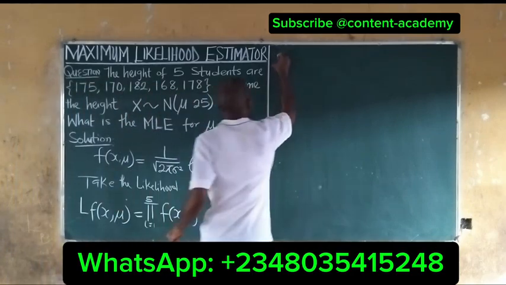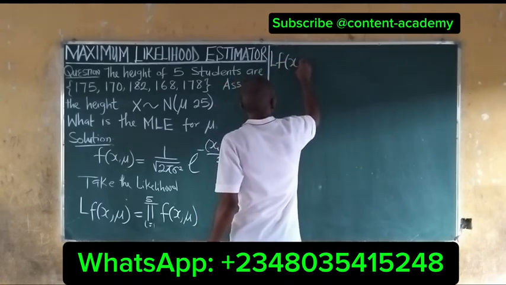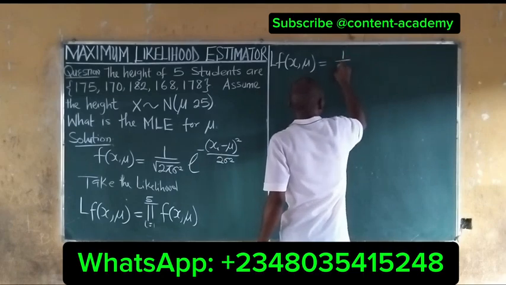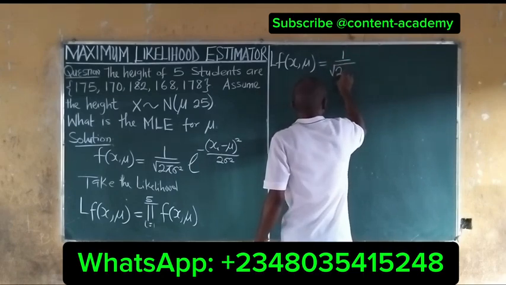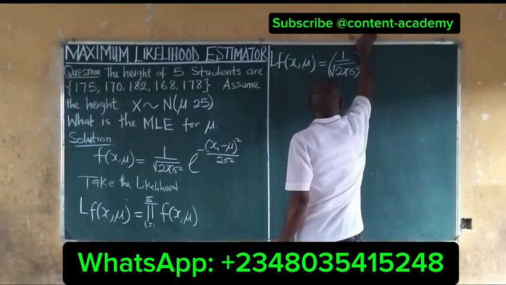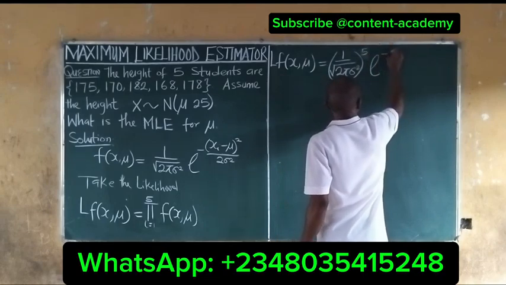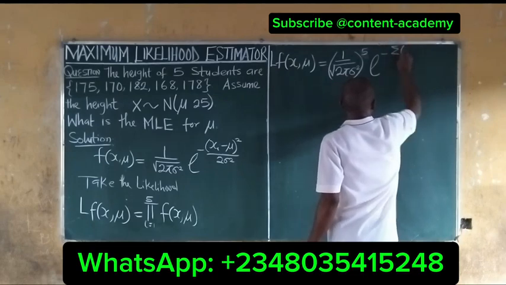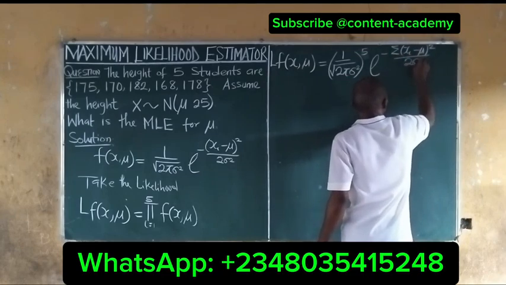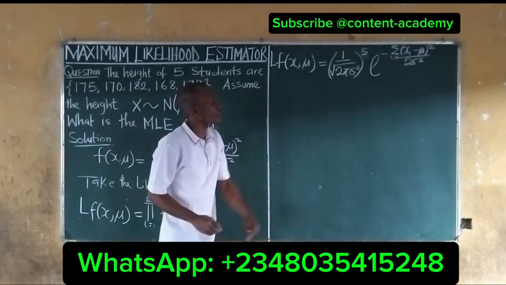And this is also equal to our likelihood function, which will now be equal to 1 all over square root of 2 pi sigma squared raised to the power of 5, exponential negative summation of (xi minus mu) all squared all over 2 sigma squared, i running from 1 to just 5. So this is what we get.